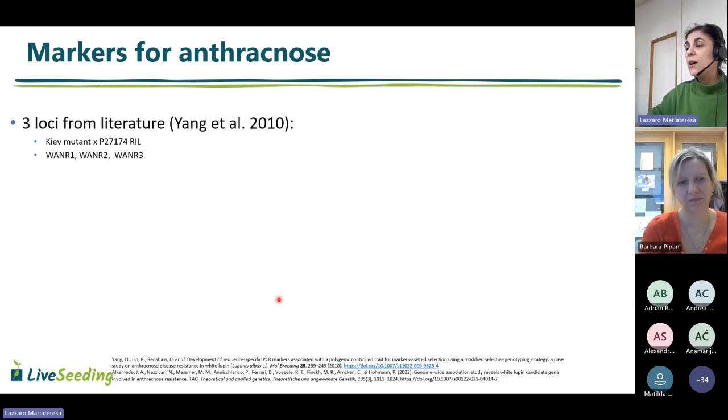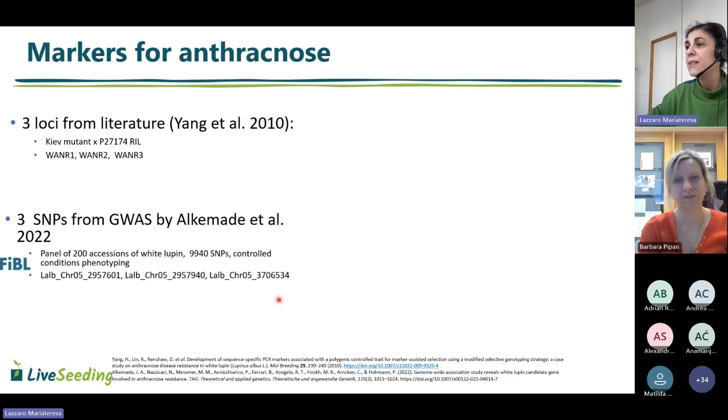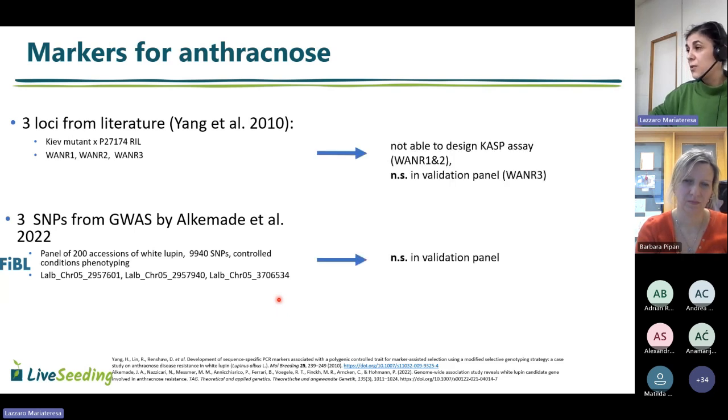Yet, we could use 3 loci from the literature, from the first QTL study on this trait. Our colleague Joris published a GWAS in 2022, where we could identify another 3 SNPs. Unfortunately, we were not really able to validate those in a validation panel.